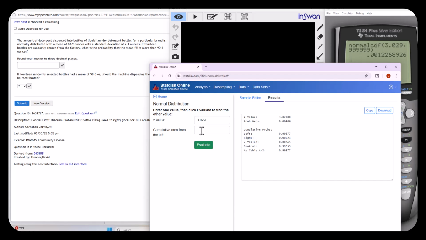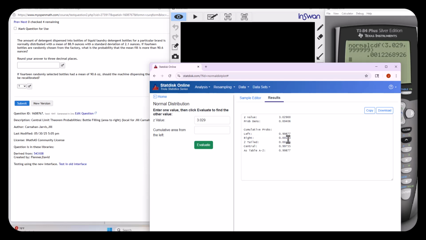If I had to put that value in from the left, I'm trying to find the value that corresponds to the right of 3.029. It gives me right here. So for StatDisk, the probability is 0.00123, which is the same thing.